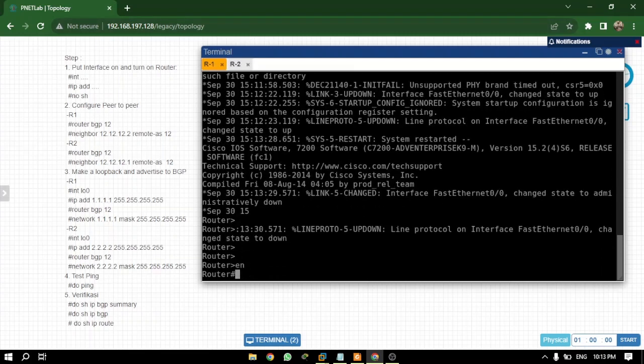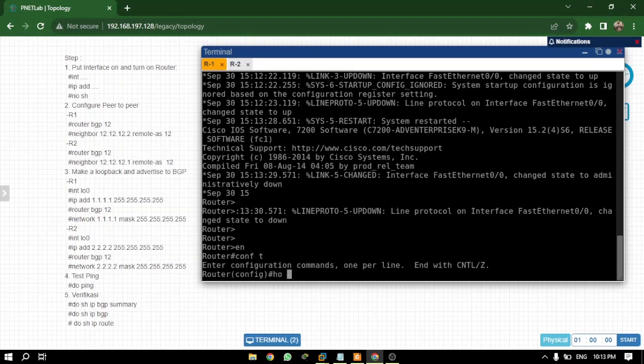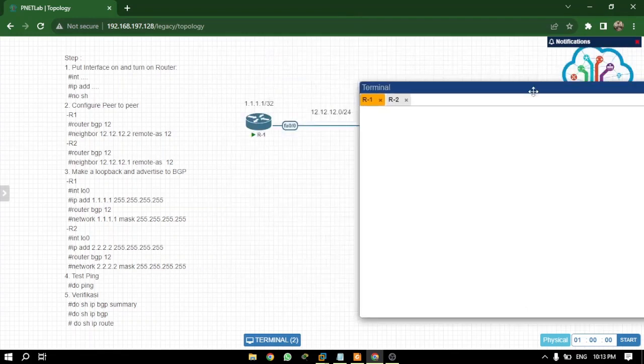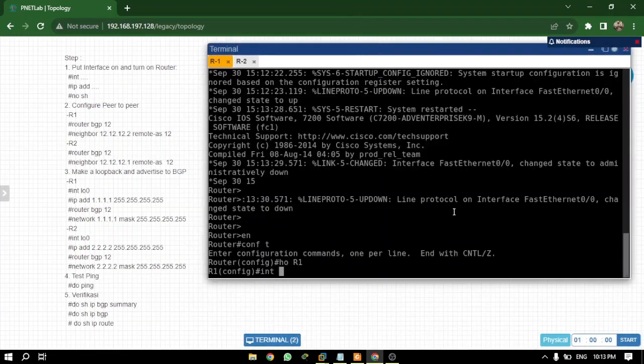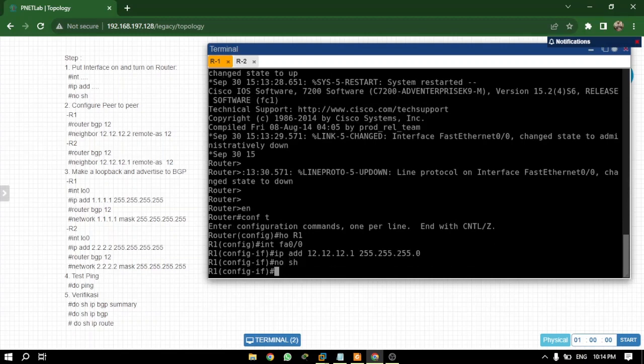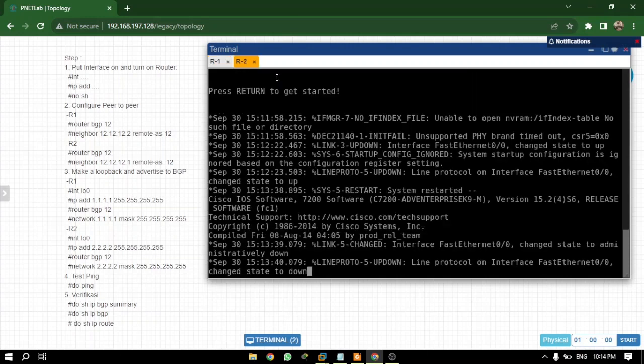Okay, enable, configure terminal, hostname R1, interface FastEthernet 0/0, IP address 12.12.12.1, 255.255.255.0, no shutdown, and then move to the second router.